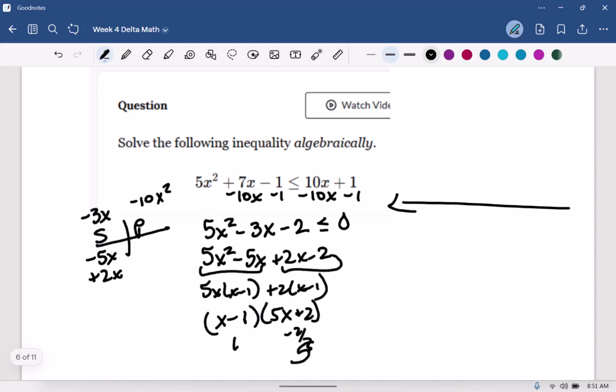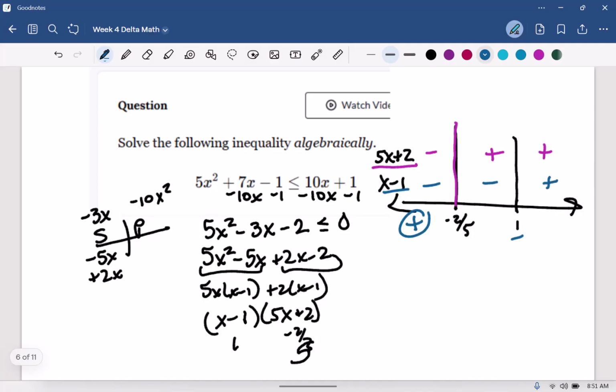Okay, so negative 2 fifths, positive 1, 5x plus 2, x minus 1. 5x plus 2 goes with negative 2 fifths, so it's negative till it gets there, changes to positive. This one is negative till it gets there, changes to positive, so positive, negative, positive. Okay, I want less than or equal to 0, so that's going to be in between, and it has brackets because it has the line. So negative 2 fifths to 1.